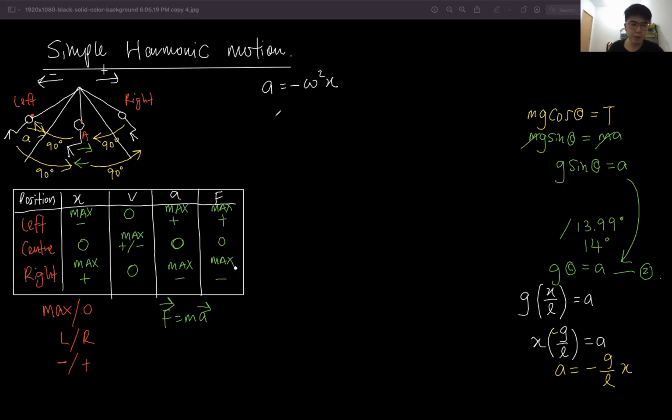Okay, to plot the displacement against time, we have positive, negative, and a time axis. First, we start at the amplitude, the extreme here.